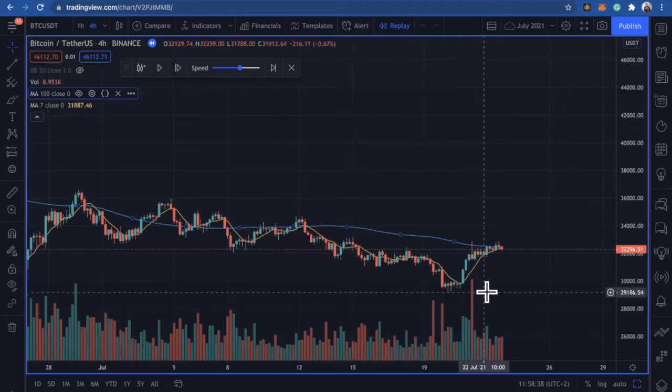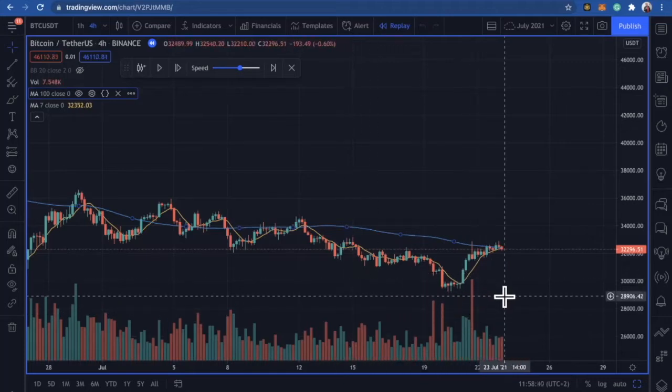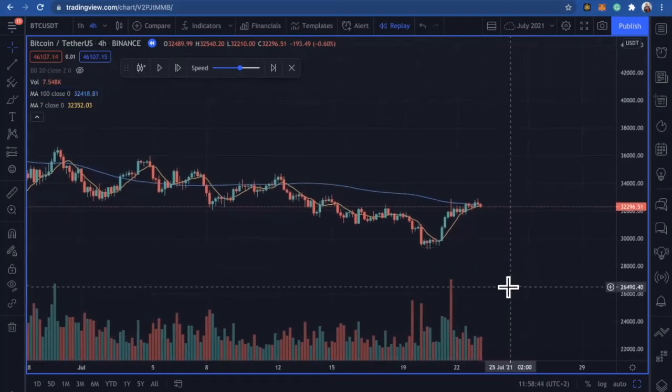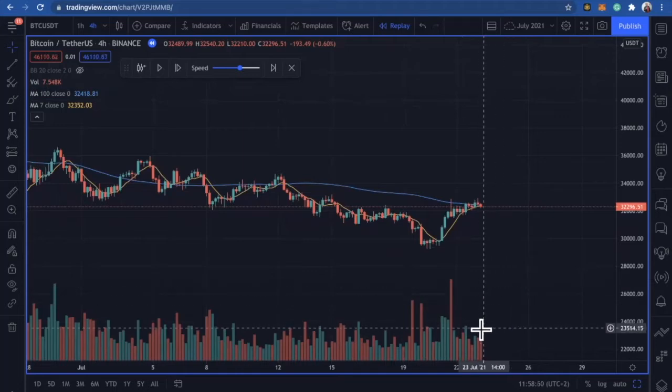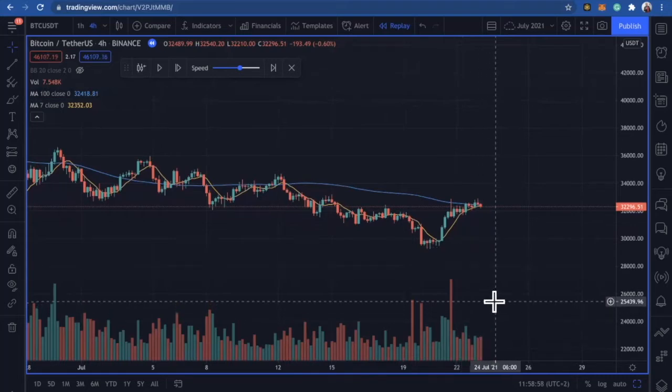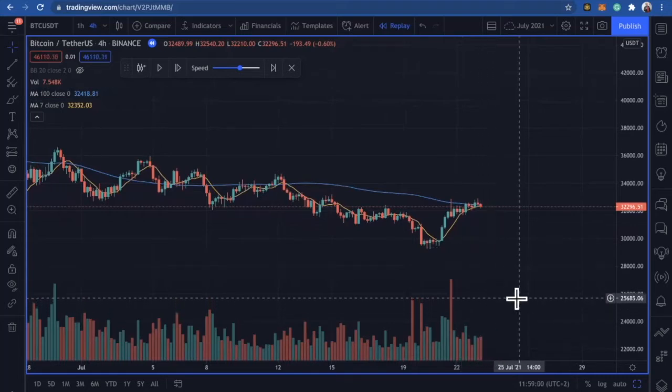Now, how do we use it? Remember, we use different tools, like for instance, the volume, the RSI, etc. So if you have 3 or more confirmations, then you feel more secure in making a decision.